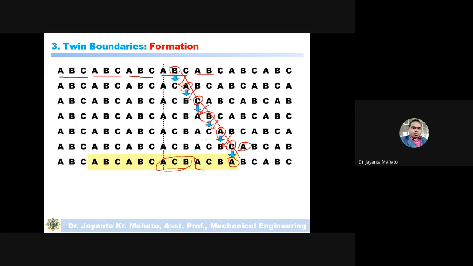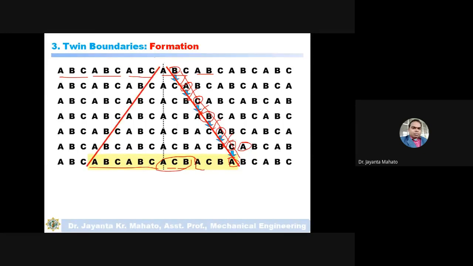So just look in the reverse here. Here also the same: A C B, then A C B, then A. So it is a mirror. If you remove this plane, then you will get a mirror of this, like this.